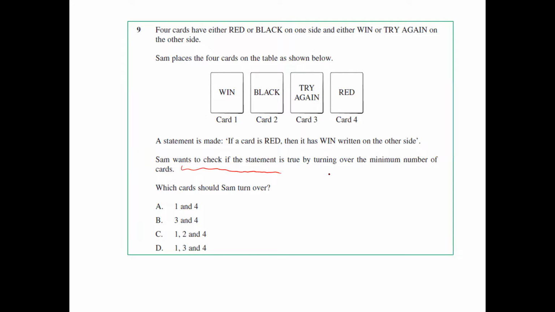Sam wants to check if the statement is true by turning over the minimum number of cards. Which cards should Sam turn over? The most common response is B, then A, then D, and then C. And the correct answer is B.